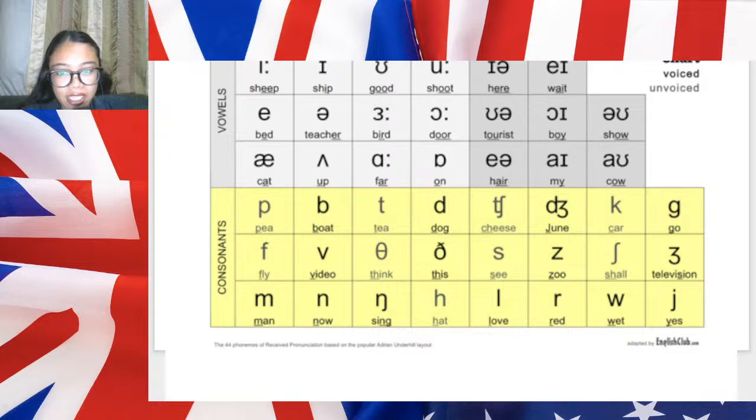There are five: A, E, I, O, U. Those are our vowel letters. Yet we understand already that in English there are 26 letters but 44 sounds, meaning vowel sounds are way more than the number of vowel letters, which is five.